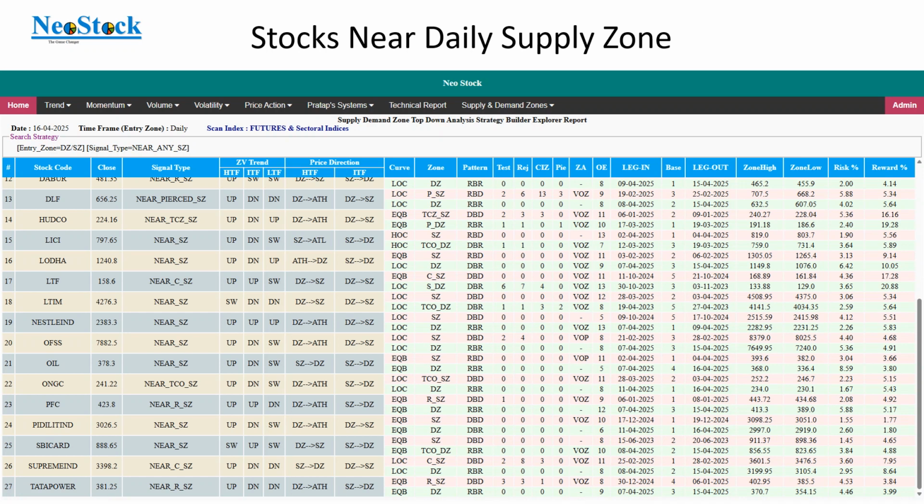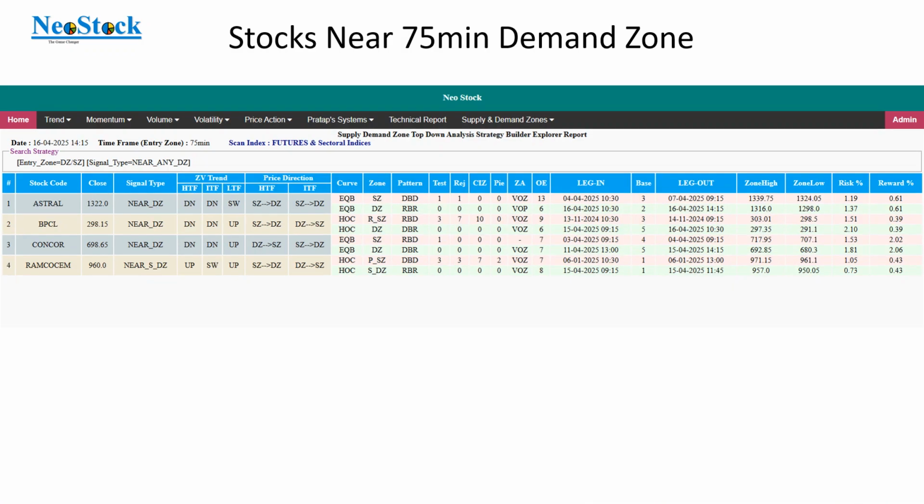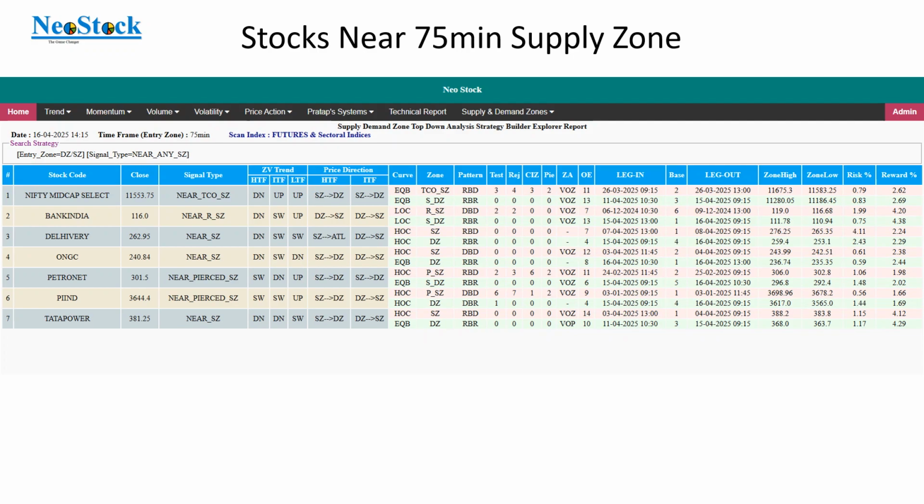Okay, next, stocks near 75 minutes demand zone. We got one high liquidity zone, Ramco Cements. Next, stocks near 75 minutes supply zone.